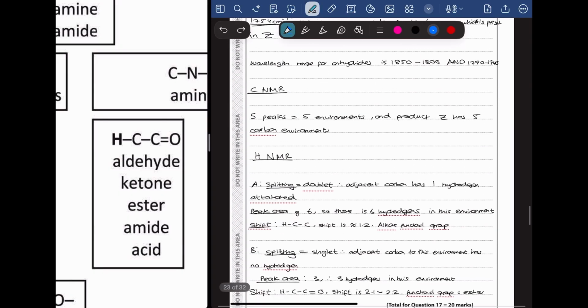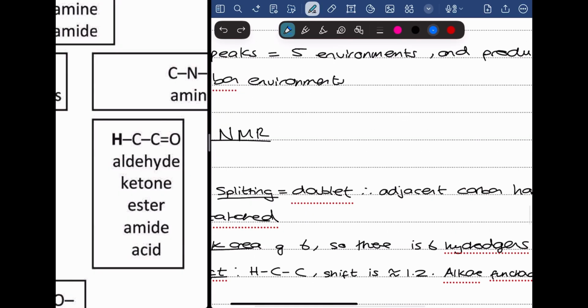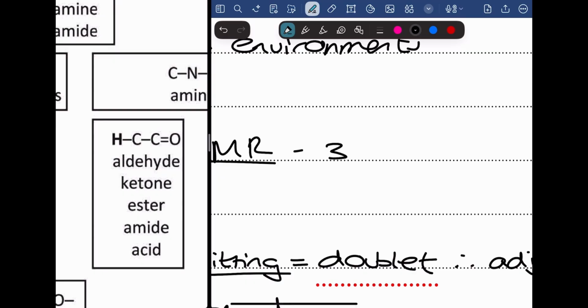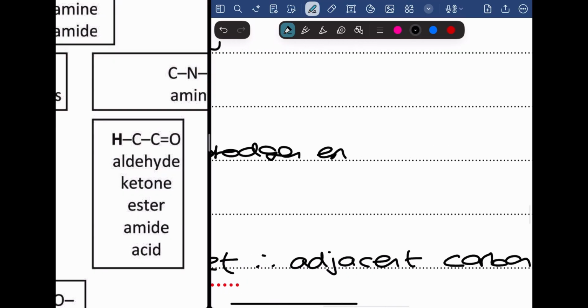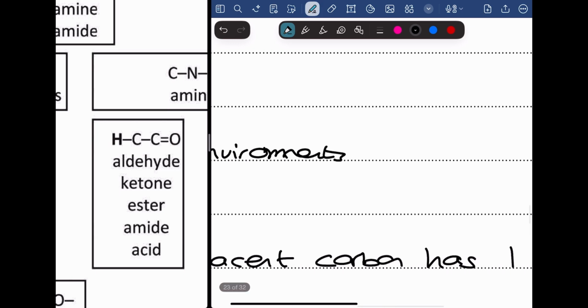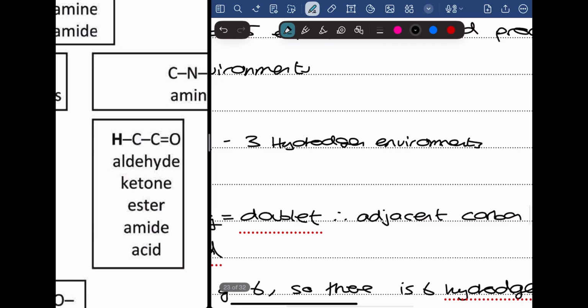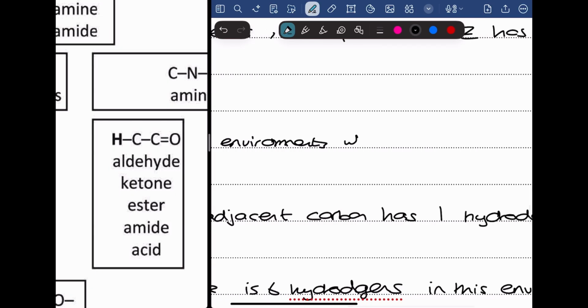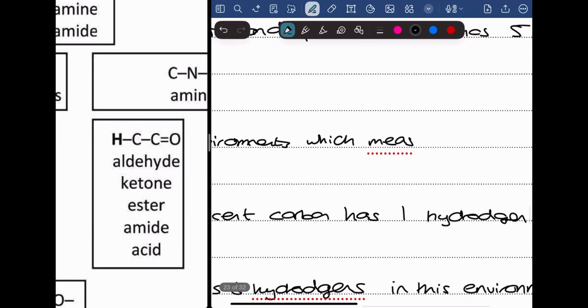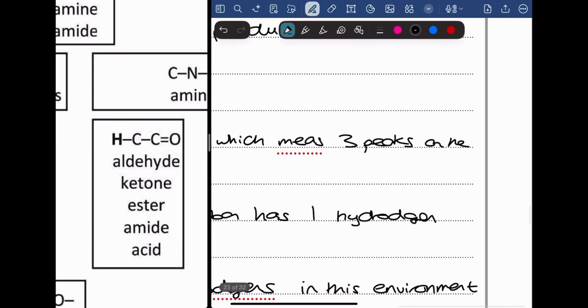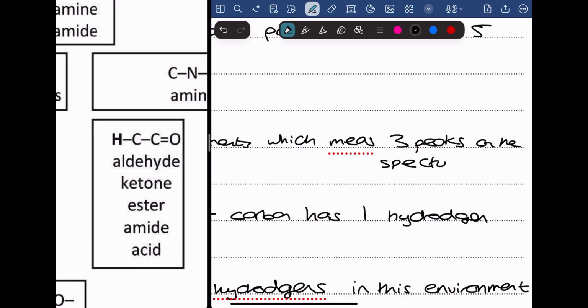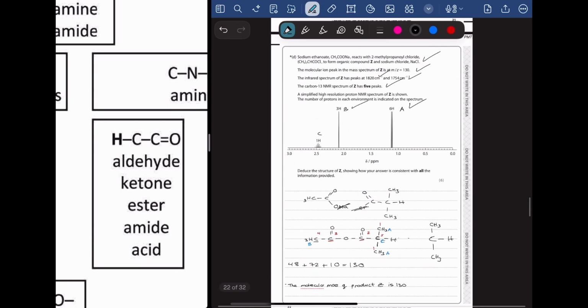So actually, to add on to the HNMR, we can just say there is 3 hydrogen environments. Sorry for my horrible handwriting, by the way. So there's 3 hydrogen environments, which means 3 peaks on the spectrum. Perfect.